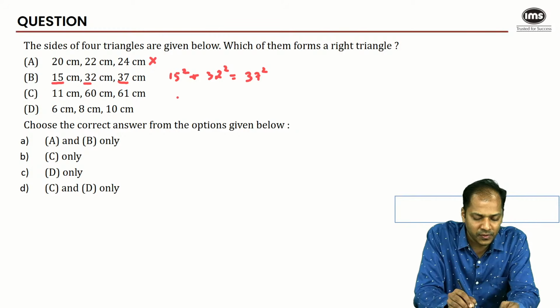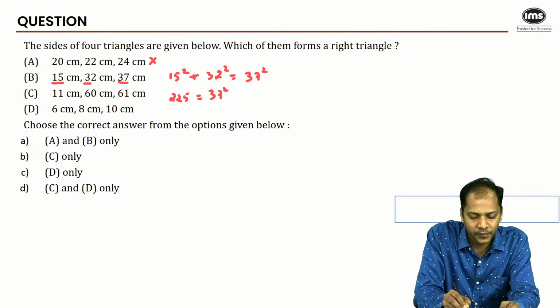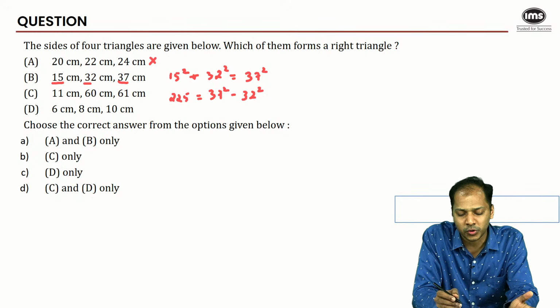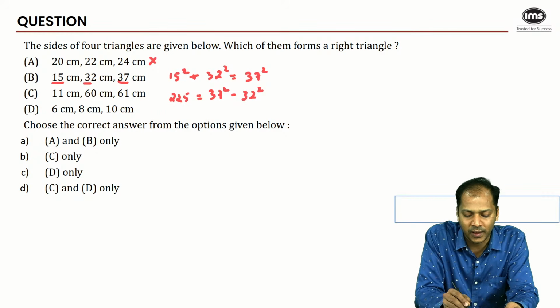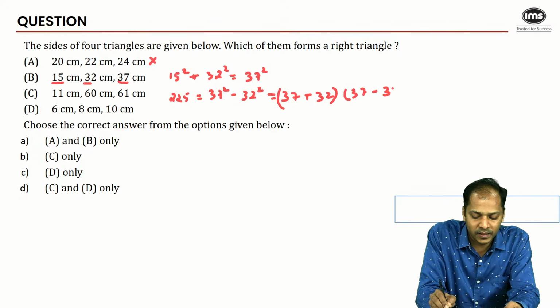Could that be possible? 15 square is 225. 225 should be equal to 37 square minus 32 square. You could check that, or you could also use the units place, which might give you a possibility. But if you just solve this, a square minus b square, this would be 37 plus 32 into 37 minus 32.